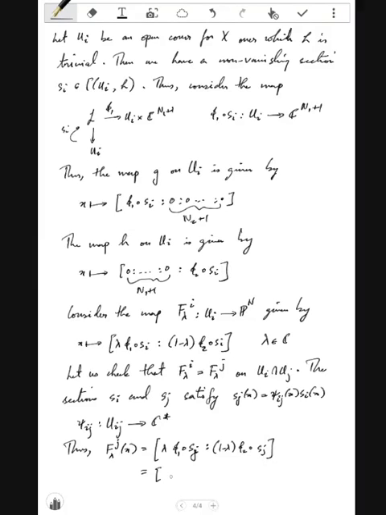This is equal to lambda psi_ij(x) phi_1 composed with s_i colon (1 minus lambda) psi_ij(x) phi_2 composed with s_i. That's because the phi_i are linear on the fibers, and this is equal to f_lambda,i(x).